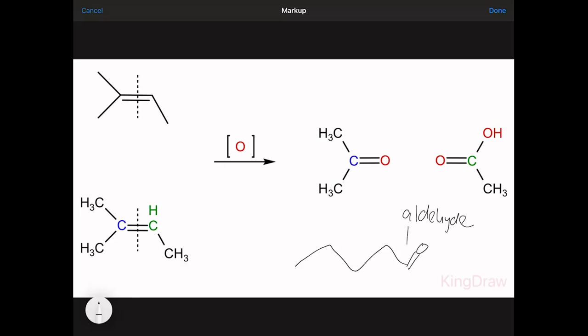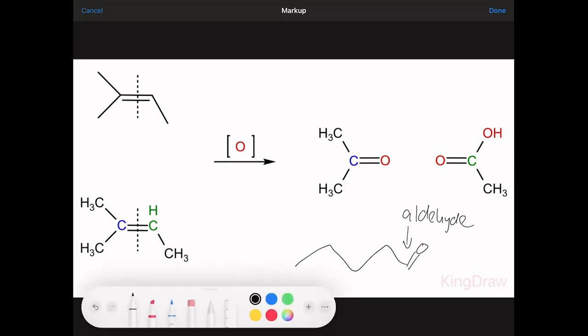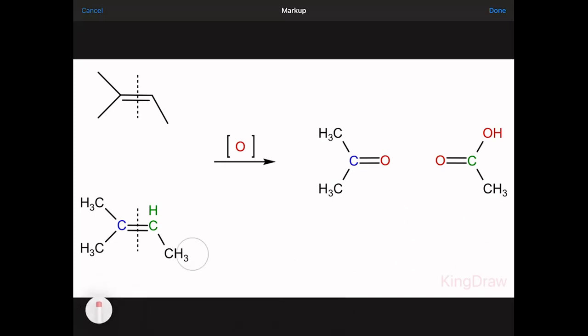In actual fact, they're related to each other, members of the same family. Together they're called carbonyls, and later we separate carbonyls into ketones and aldehydes.